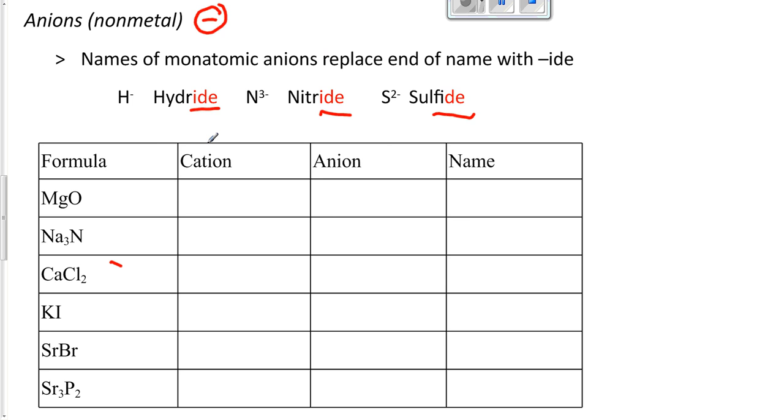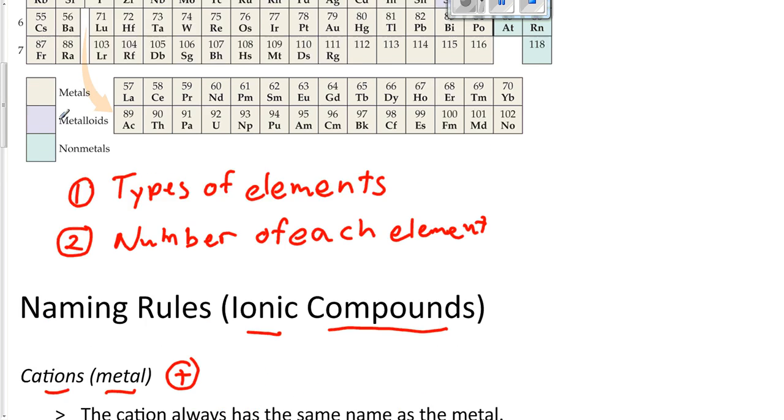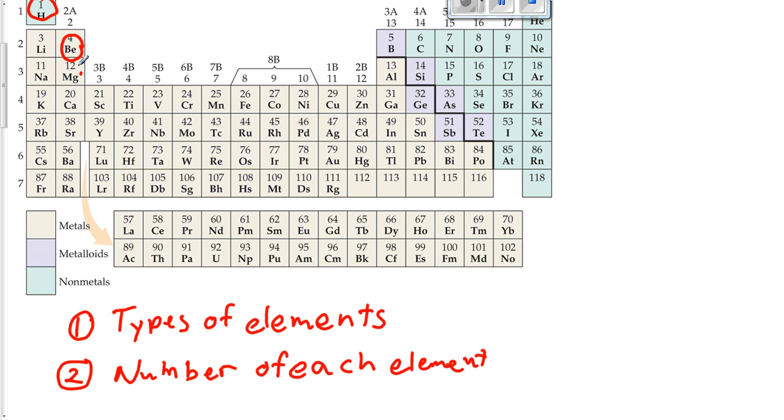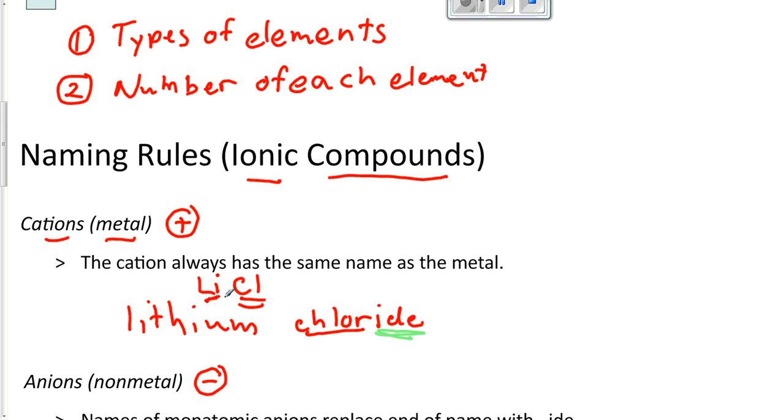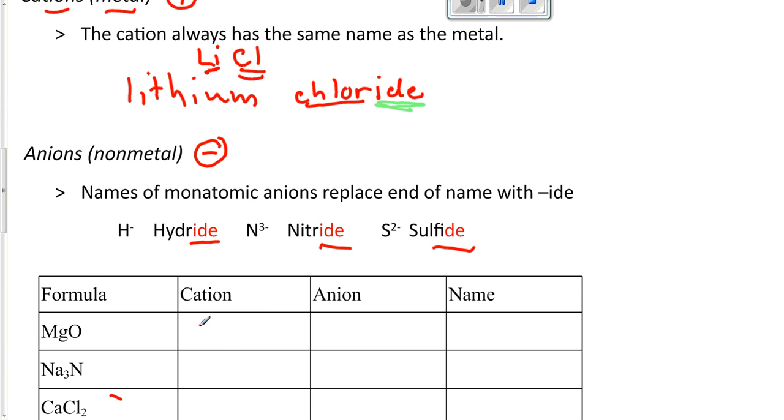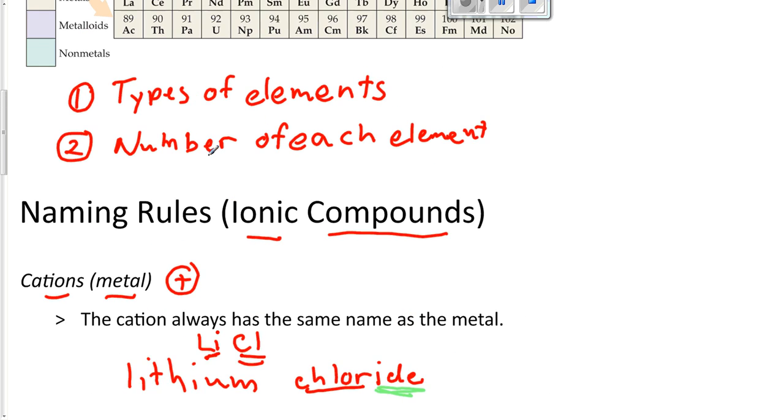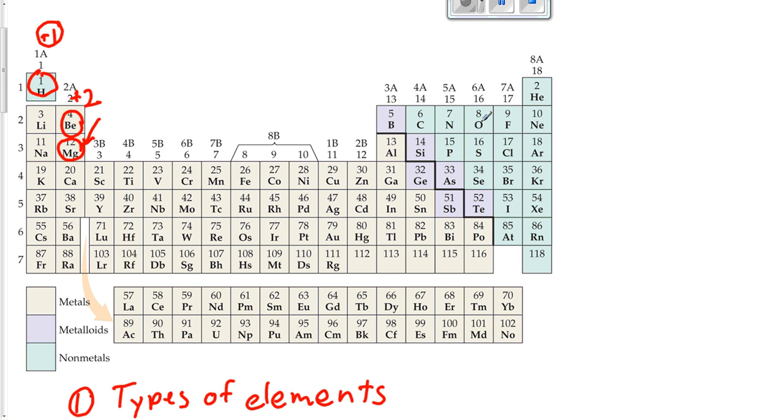What's our cation? Well, we scroll back to our periodic table up here, and we notice that magnesium is in this family right here, which means it's going to be a +2, right? +1 and +2. This family is all +2. So we know that that is Mg2+. And the anion in this case is oxygen. I'm sorry, so it's going to be oxide. And remember, these over here, this is -3, -2, -1.